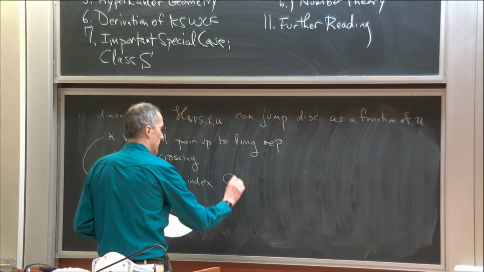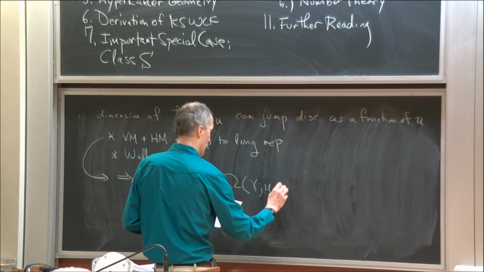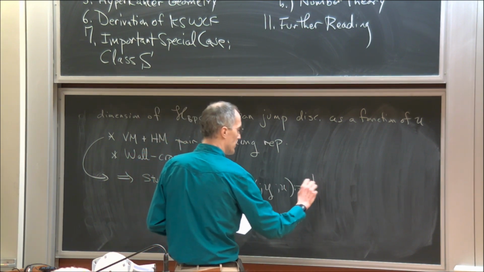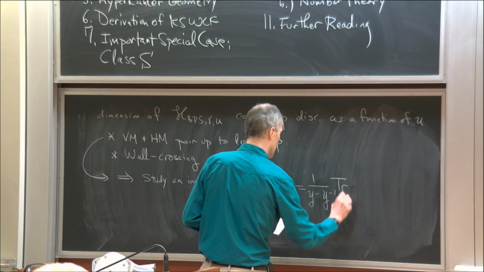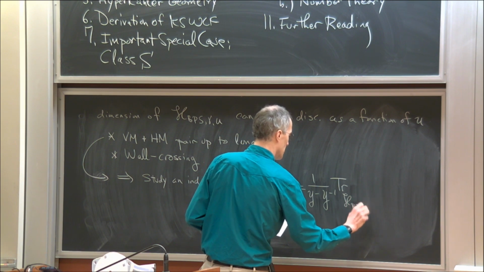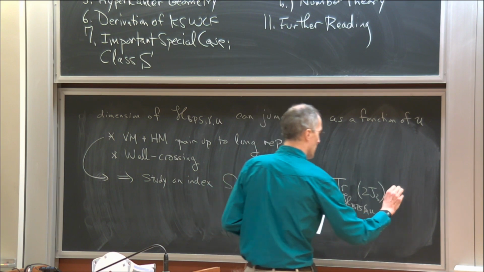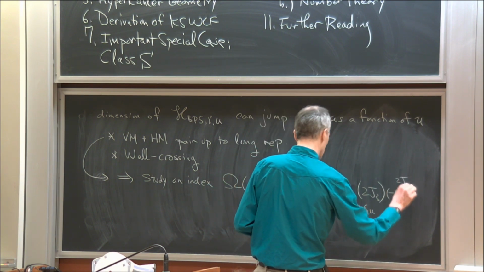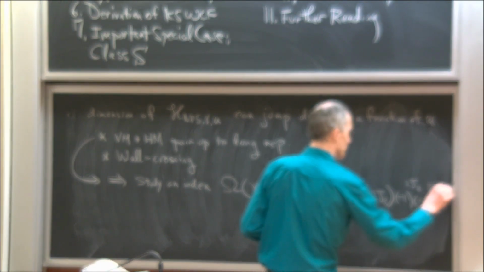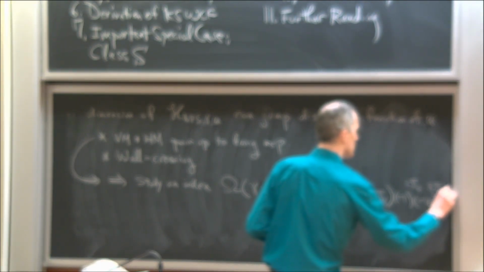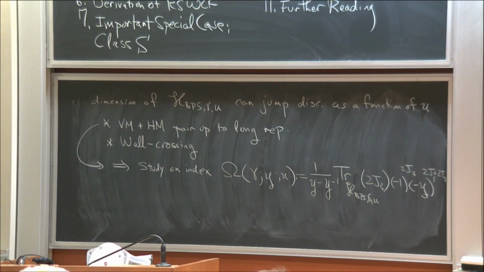The explicit index that you study is omega of gamma, y, and u, which is by definition 1 over y minus y inverse, the trace over this BPS space of (2j3) times (minus 1) to the 2j3. It's essentially a Witten index. There we go. So J3 is a rotation generator for rotations in space.